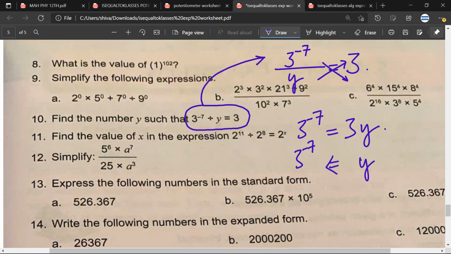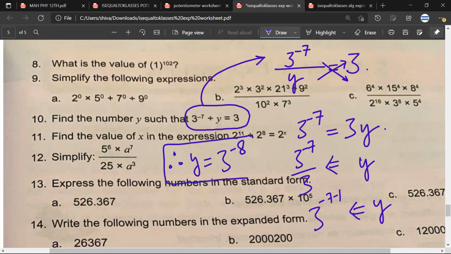So 1 upon 3 raised to power 7 equals 3y. Mr. Sarthak, any doubt? No, sir. Mr. Satya, any doubt? No, sir.